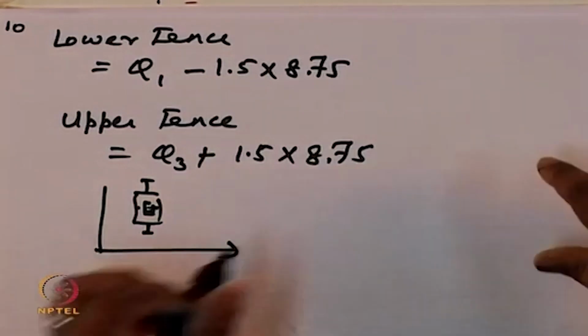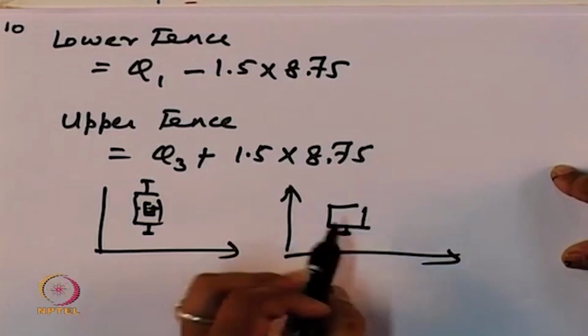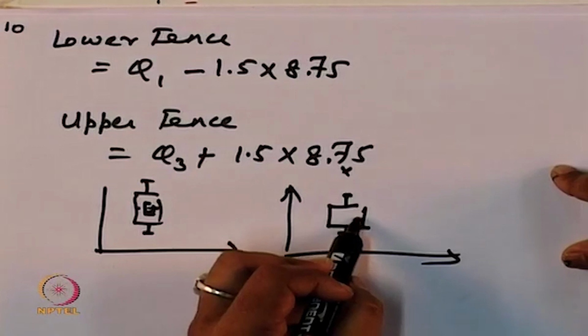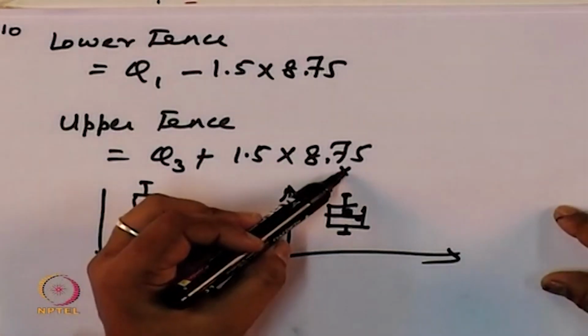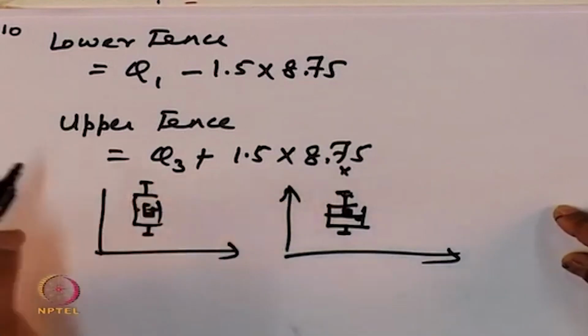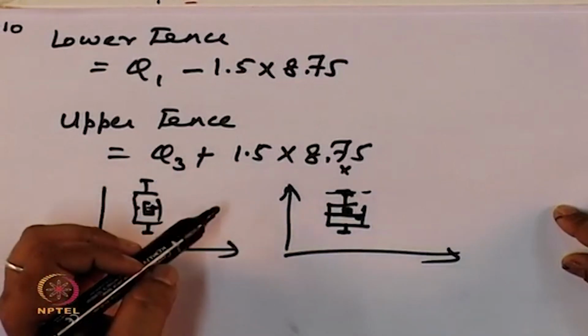But it is possible to have plots where you have an error bar like this, where this point is way outside the maximum to which this goes. This is your upper fence, which is Q3 plus 1.5 times IQR.